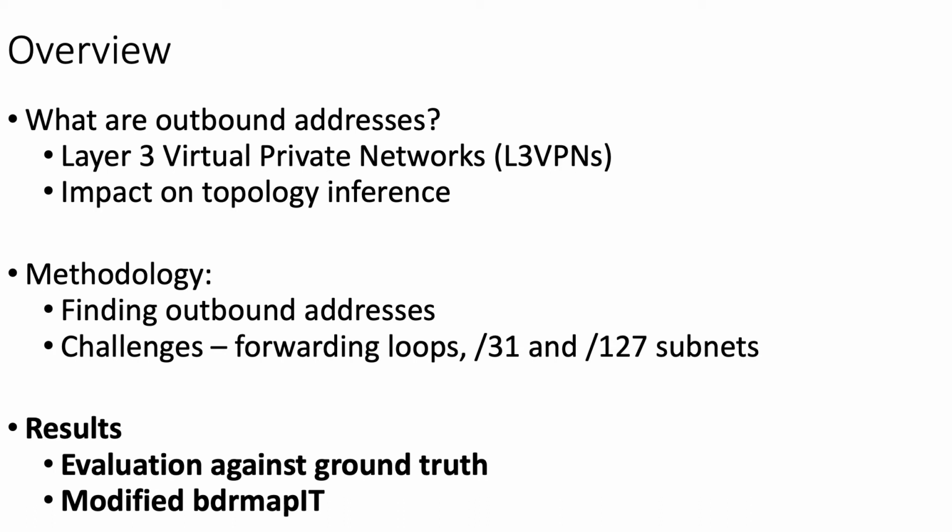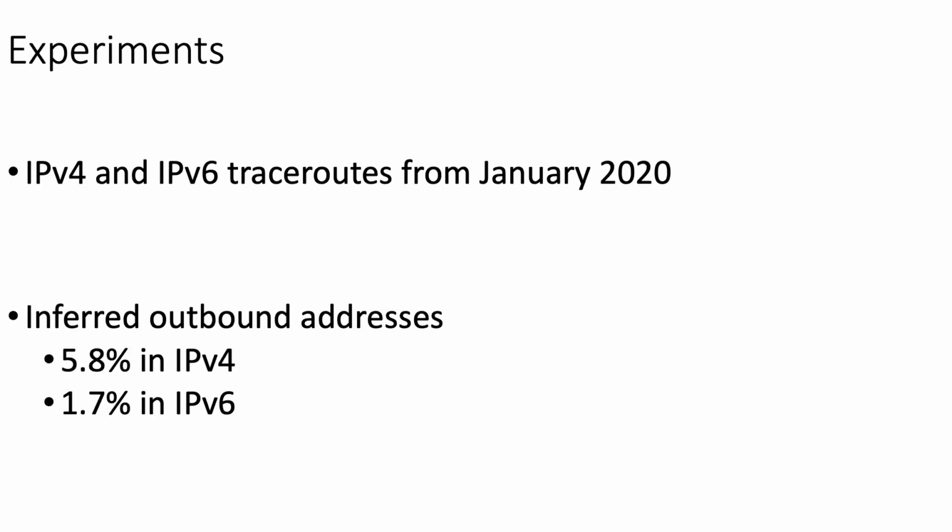So now I'll discuss how vrfinder finds outbound addresses and some of the challenges that we encountered and dealt with. To evaluate vrfinder, we used IPv4 and IPv6 traceroute collections from CAIDA's January 2020 ITDK.